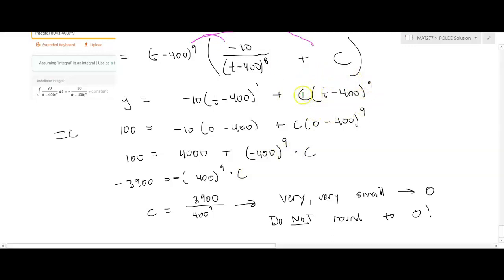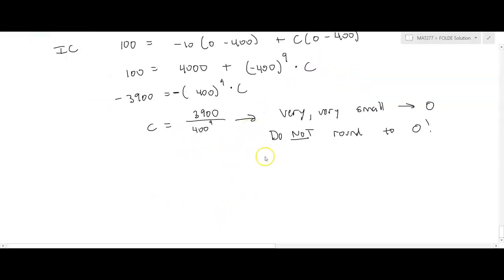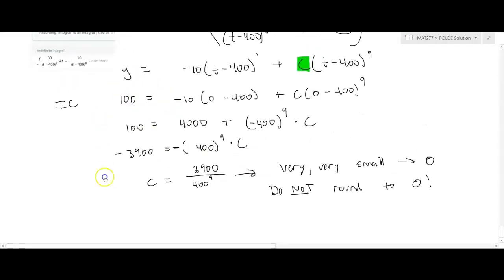So even though this c value may be extremely small, here we have t minus 400 to the 9th power. So even when c is really small, and t is, say, 1, 2, 3, 4, 5, well, this number raised to the 9th power is going to be incredibly large. And if c is really small, but what it's multiplying is incredibly large, this term could still be highly significant, even for a small coefficient. So one thing to be cautious of: do not round arbitrary constants off to 0.